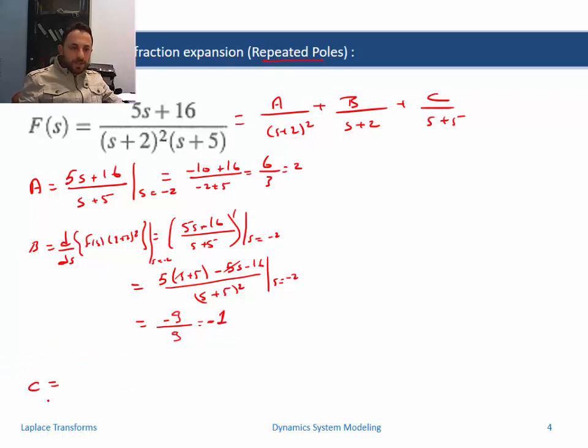And c can be determined by f of s multiplied by s plus 5 at s minus 5, which is 5 minus 5 plus 16 over minus 5 plus 2 squared.